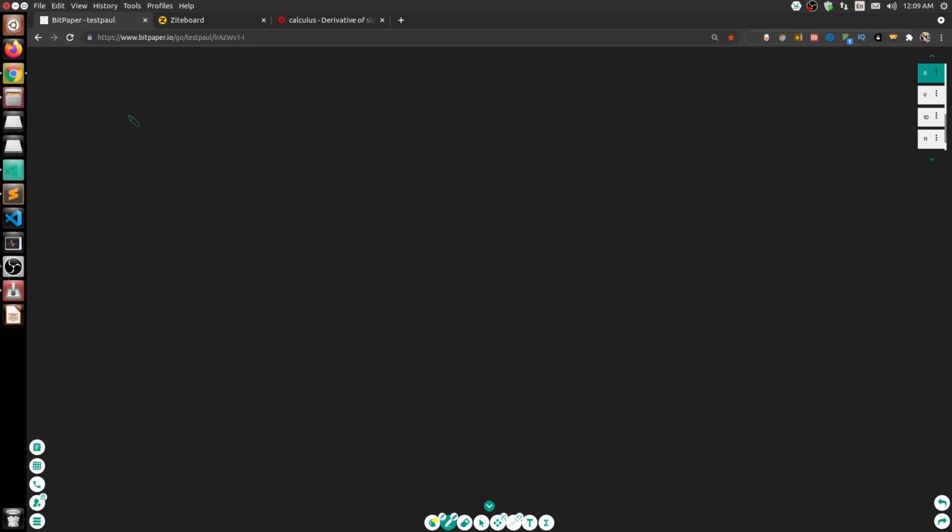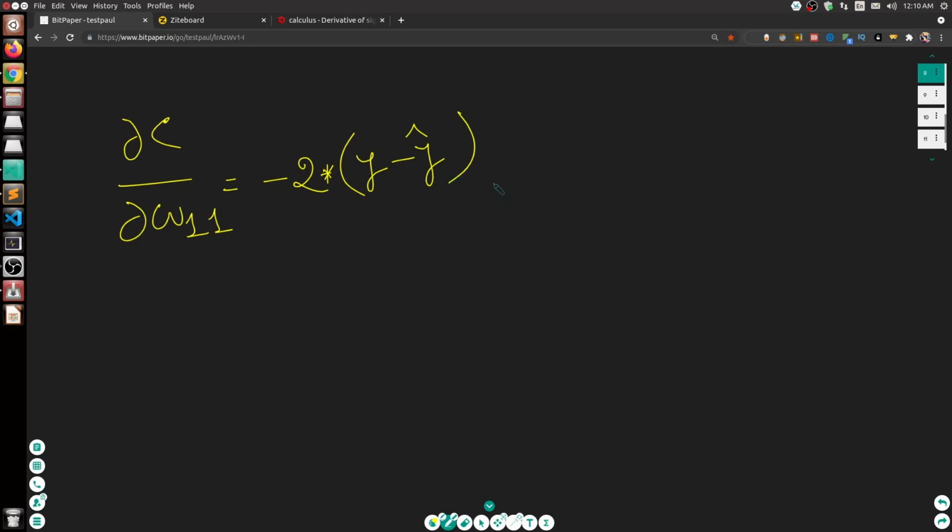So finally, del C by del W11 means the first differentiation was 2 multiplied by (y minus y hat). And the second differentiation was just W31.